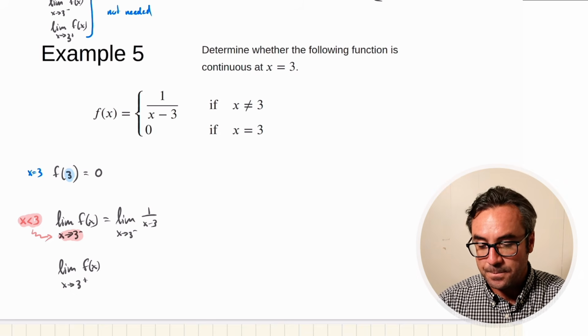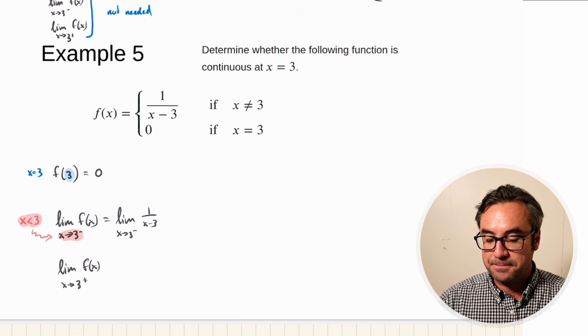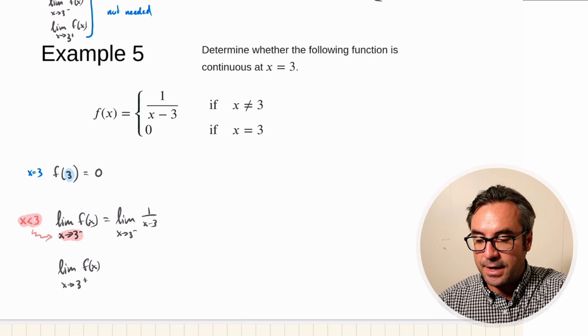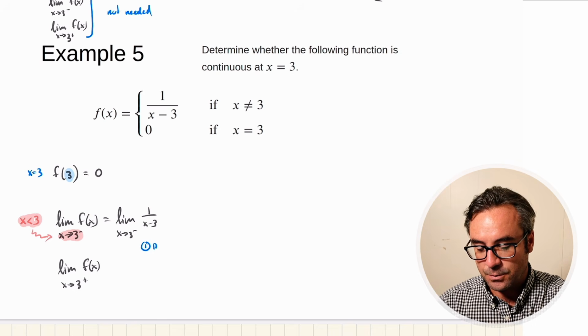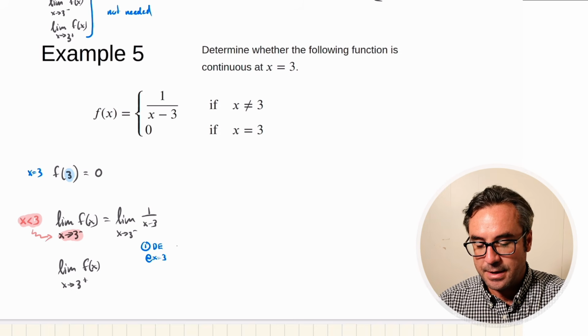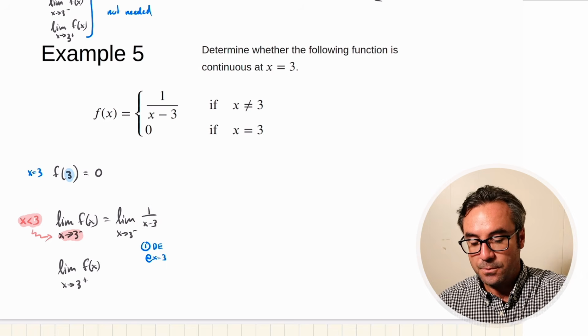All right, so now this is just a regular limit that we've been practicing. So the first thing to try is direct evaluation. So we're going to try direct evaluation at x equals 3. Now, when we plug 3 into this formula, what do we get?